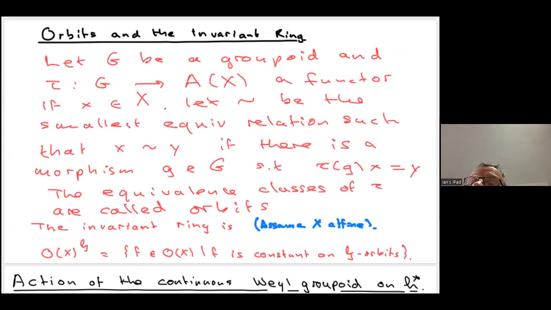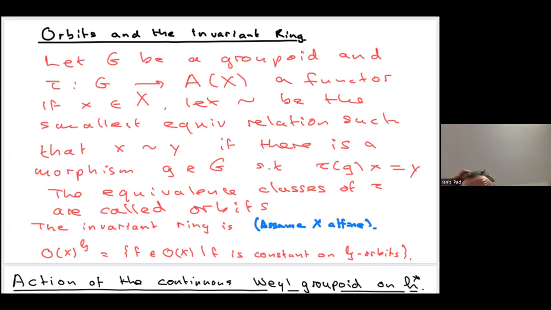Then you can define orbits. Suppose that G is a groupoid that acts on X and x is a point in X. Then you can define an equivalence relation where x ~ y means that there's some groupoid element that takes x to y. The equivalence classes are called orbits.